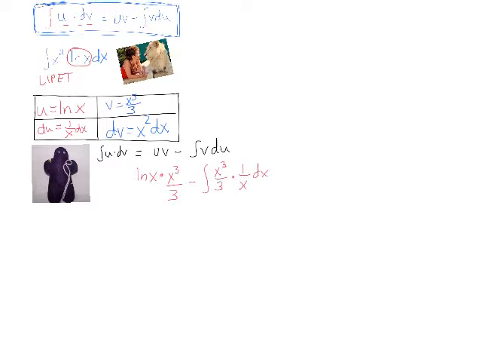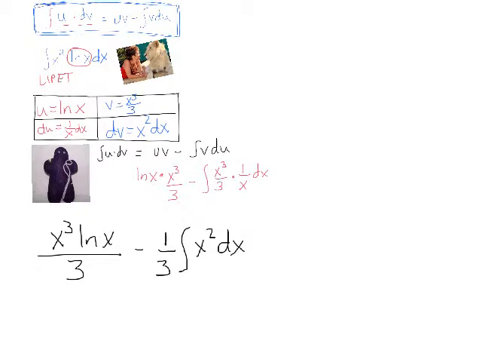The stuff outside the integral becomes x to the third ln of x over 3, and then we can take the integrand, pull out a 1/3, and x to the third over x simplifies to x squared dx. And this is an integrand that we do know, something that we can do with simple antidifferentiation that we have memorized.